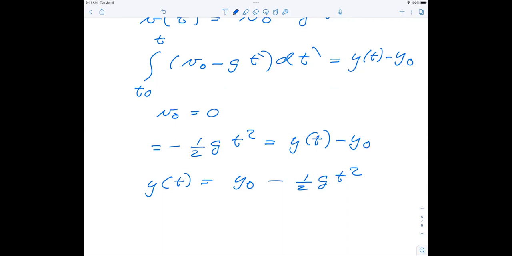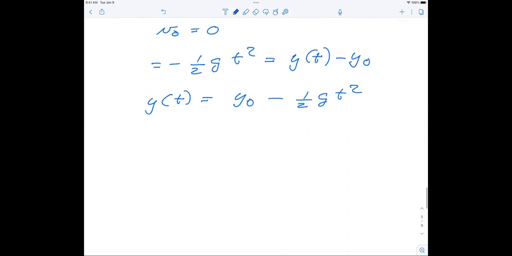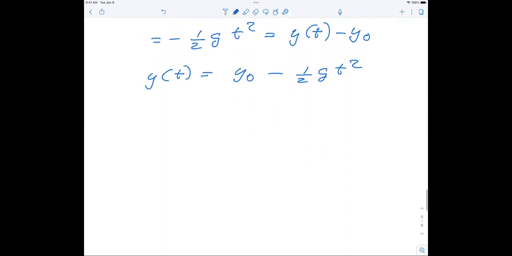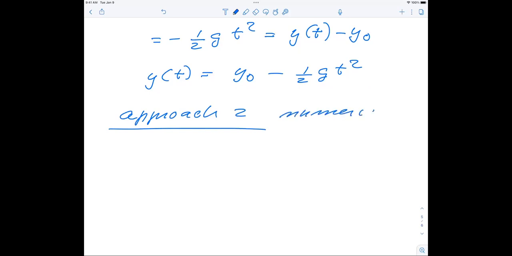So let's now look at the second approach, which is the numerical approach. And this is the numerical one. And I'm going to give you some of the basic steps which we would typically use when we are doing that.